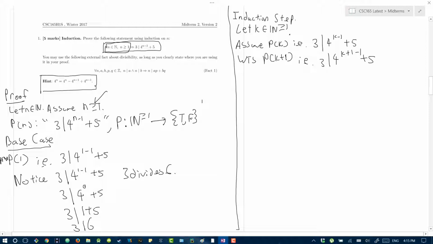Okay, and then we can rewrite this as 4^k + 5. Alright, then for this type of question, especially when we're using these, we're going to want to rewrite what we want to show.